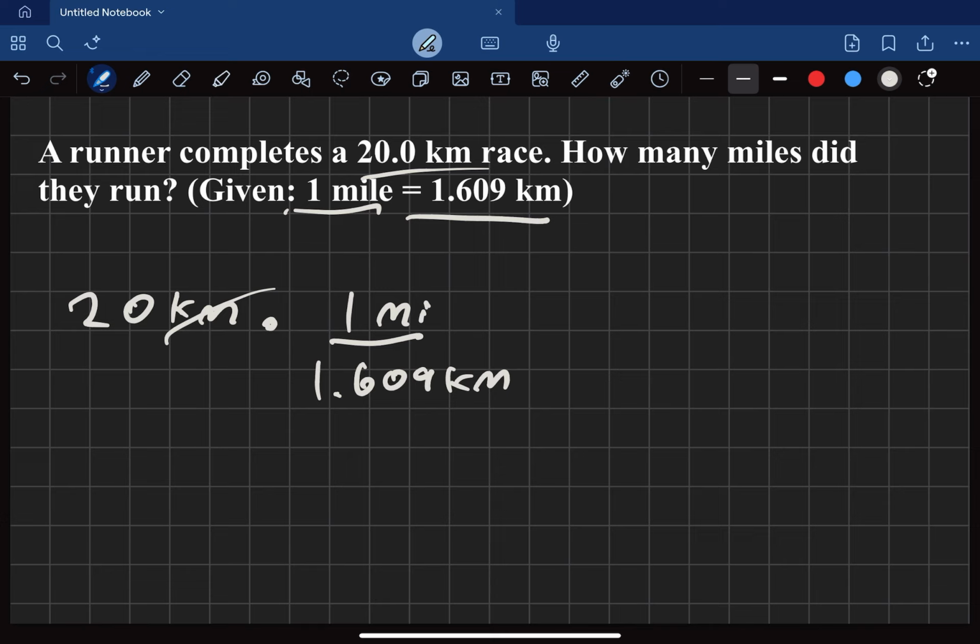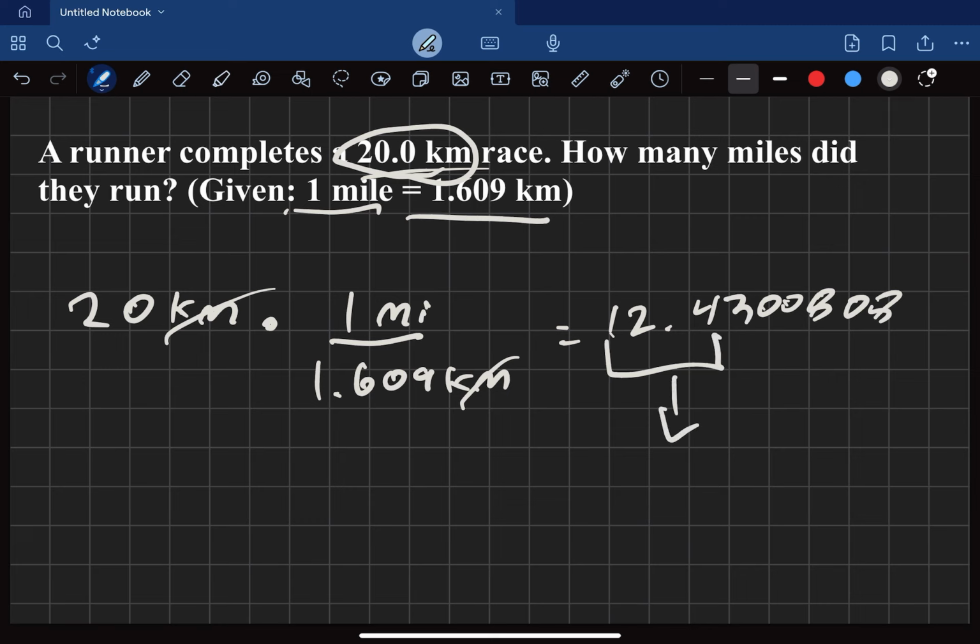So the kilometers are going to cancel, and we'll be left with 20 divided by 1.609. 20 divided by 1.609 is equal to 12.4300808. And since we were told our kilometers to 3 significant figures, we'll go ahead and report to three significant figures. So we'll round this to 12.4 miles.